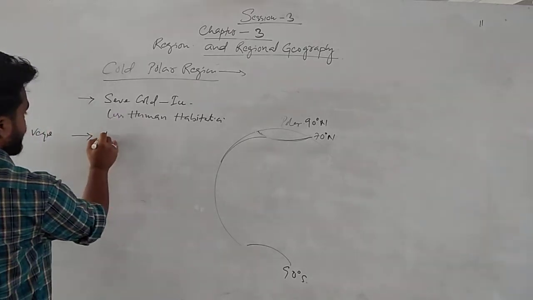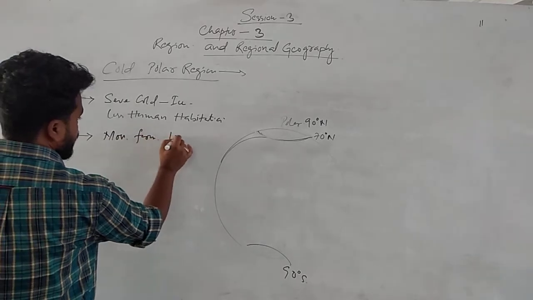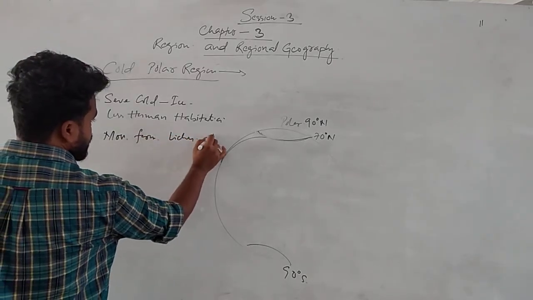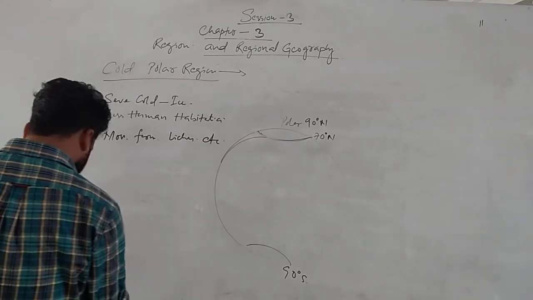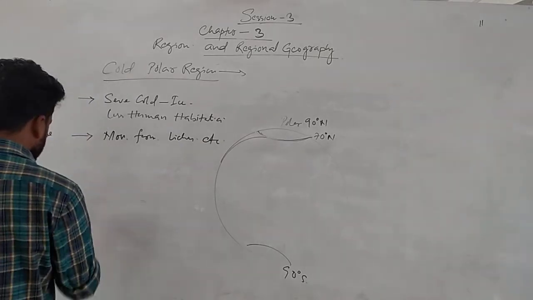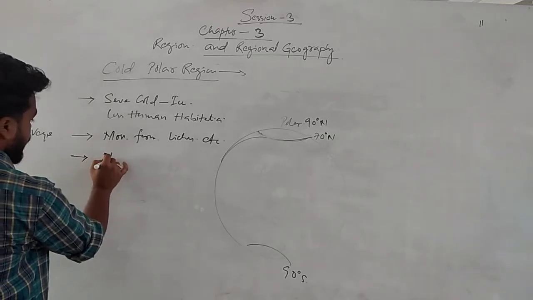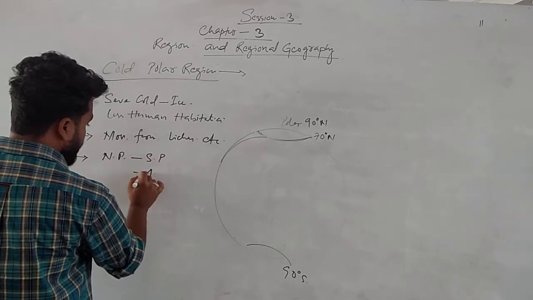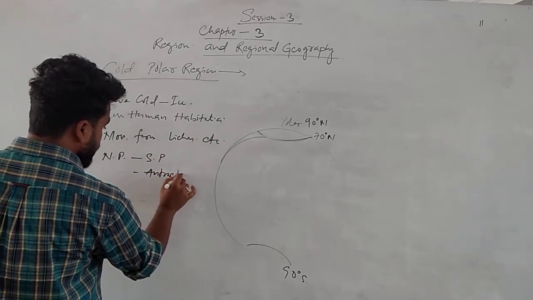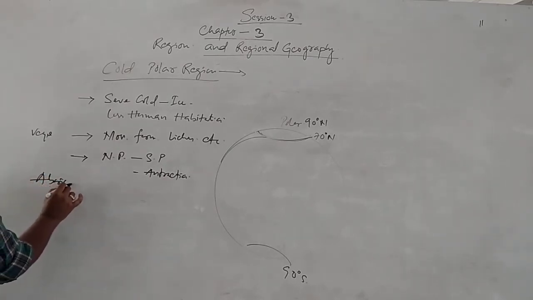Vegetation is generally moss, fern, lichens, etc. The region includes the North Pole and the South Pole. The South Pole is Antarctica.